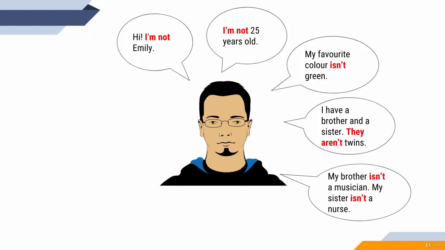My brother isn't a musician. He is. He isn't. My brother isn't a musician. My sister isn't a nurse. She is. She isn't. We aren't sad when we spend time together.